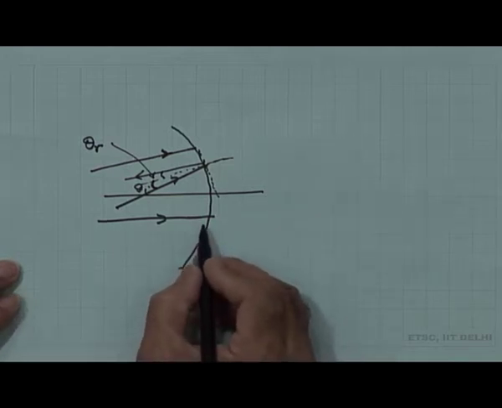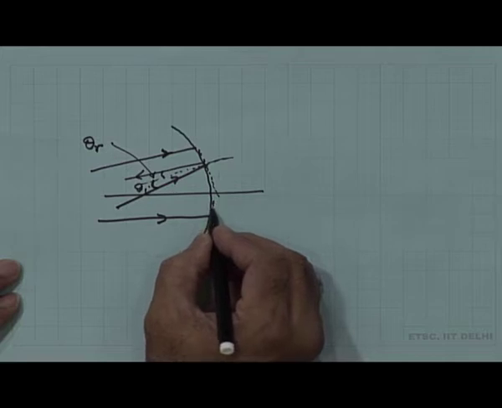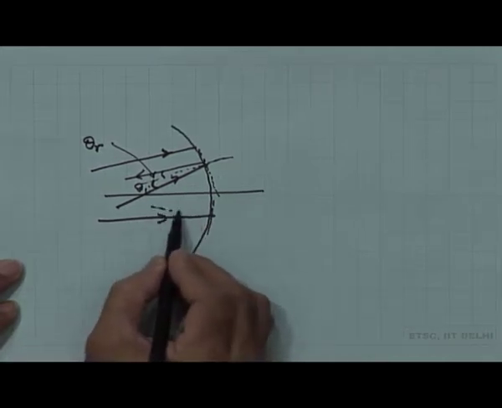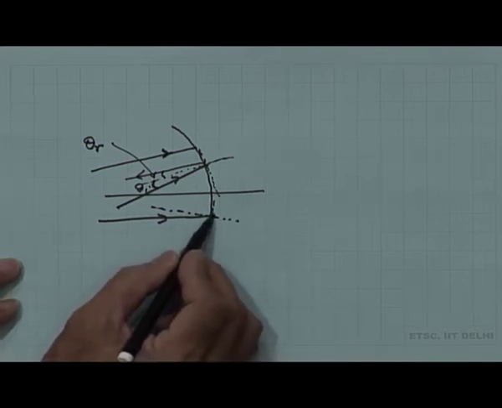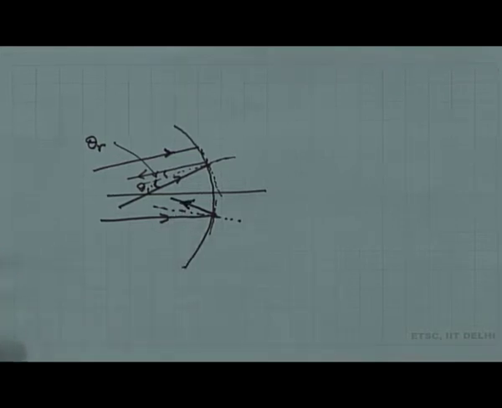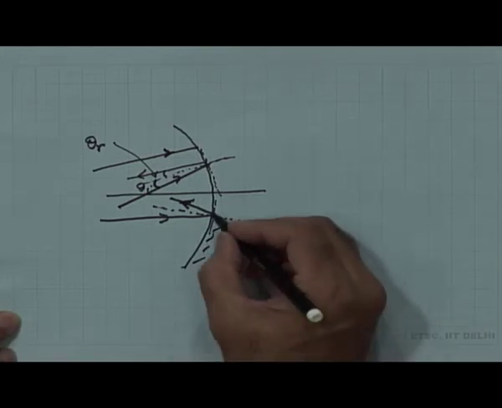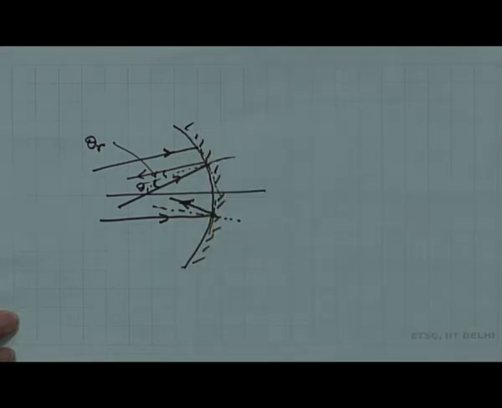If you have a ray which is incident like this, again draw a tangent to the surface, draw a normal to this, and then apply the law of reflection, namely angle of incidence is equal to angle of reflection. This is for a concave mirror, where the back side is coated.